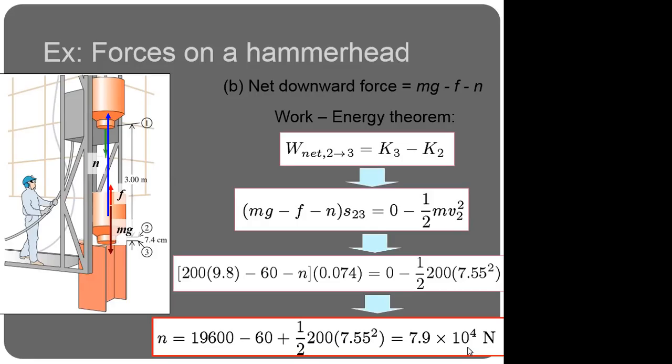So they possess a certain kinetic energy. The kinetic energy and the extra 7.4 cm worth of GPE that we will lose are the things giving away energy. What takes the energy? It will be the friction, and second, the force N of the pile on the hammerhead times the distance of 7.4 cm.